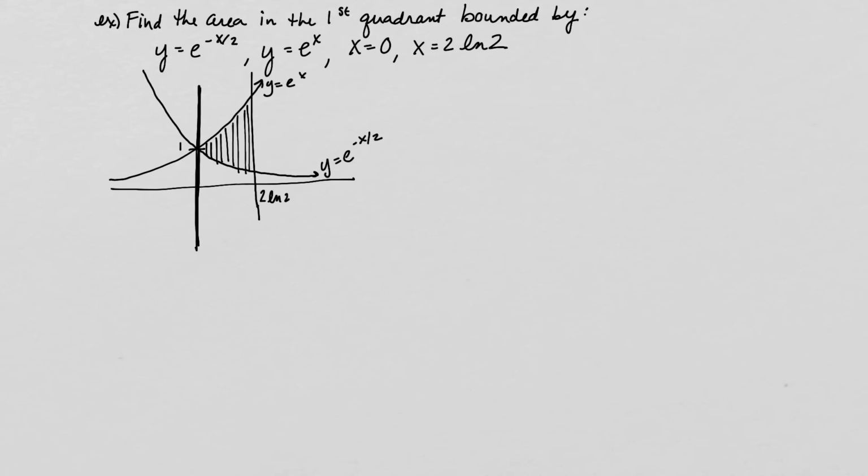Okay, so again, we're going to stick in a rectangle. So since our functions were solved for y equals, we're going to think about putting our rectangle in straight up and down here. So what is our top function there?